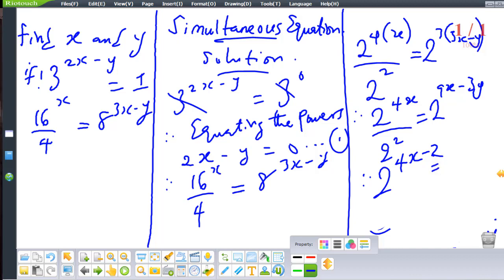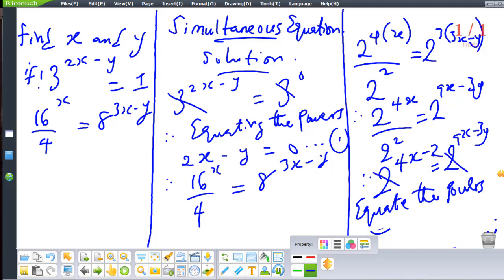So it's equal to 2 raised to the power 9x minus 3y. On this note, we could actually equate the powers. So we eliminate the bases, and then we have something like this.